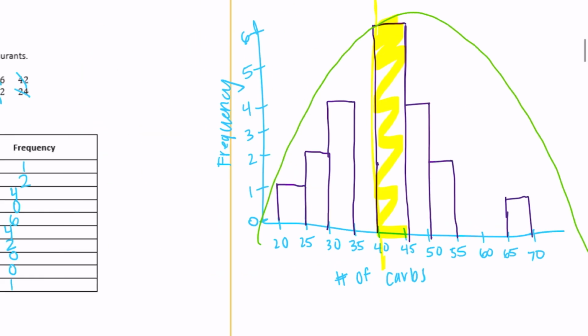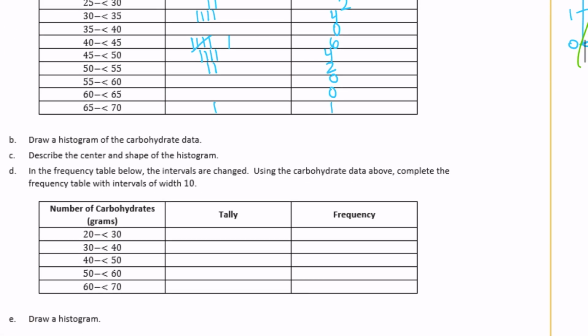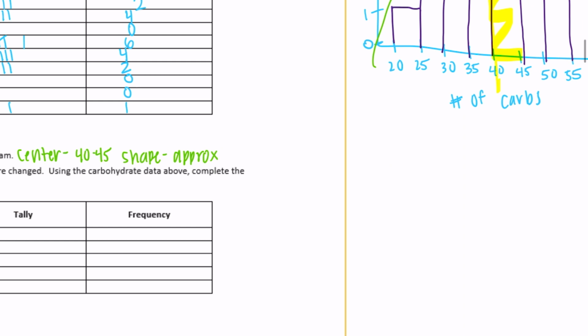So let's say center is 40 to 45. Shape is approximately, and remember we say approximately because it's not exactly symmetric, so approximately symmetric.